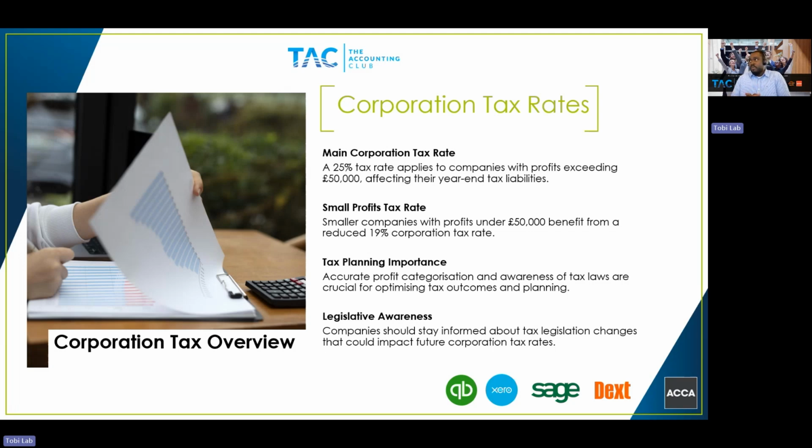Where your profits are below 50K, you pay corporation tax at 19%. Where your profit is above 50K but below 250K, there is an additional marginal relief calculation applicable that will reduce your rate slightly.